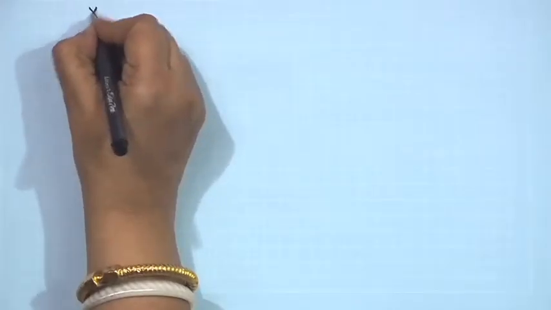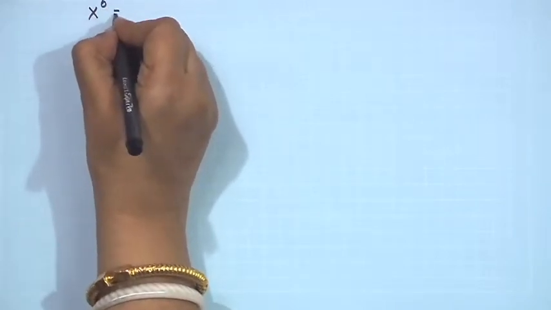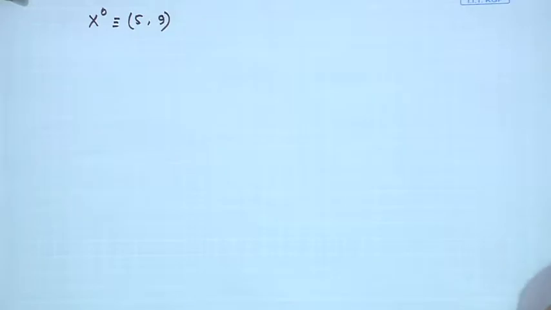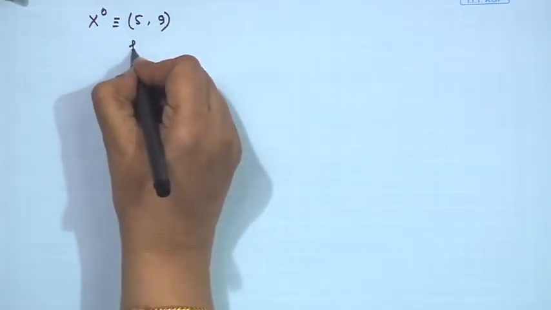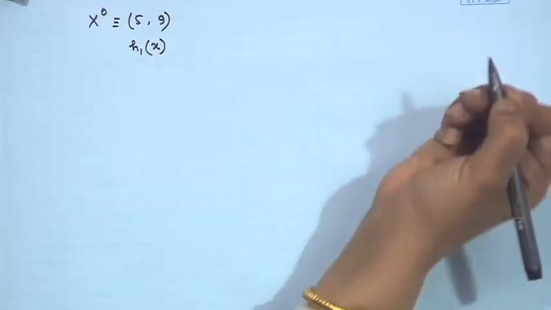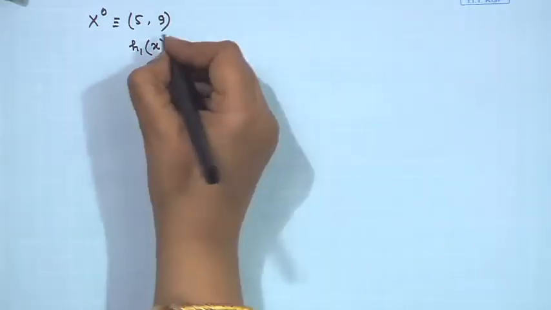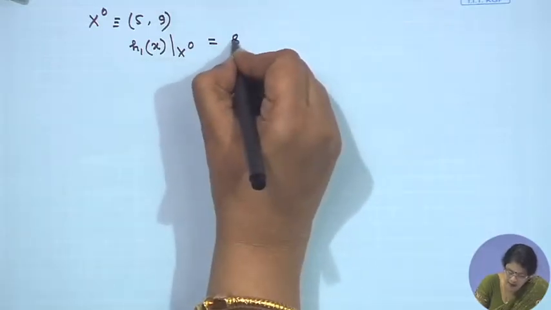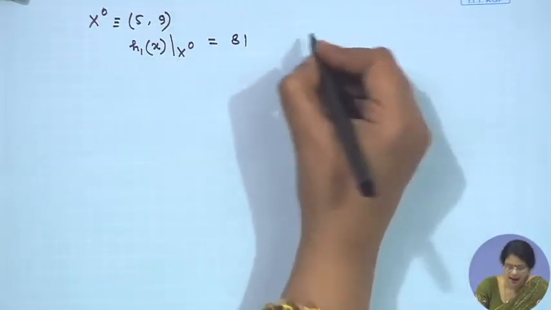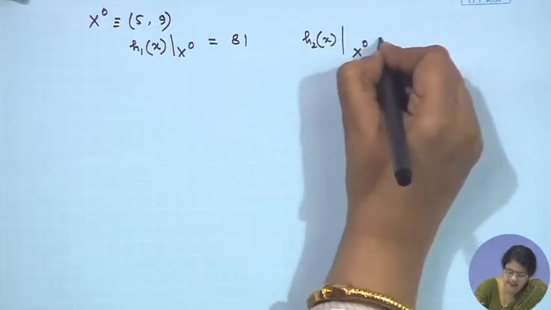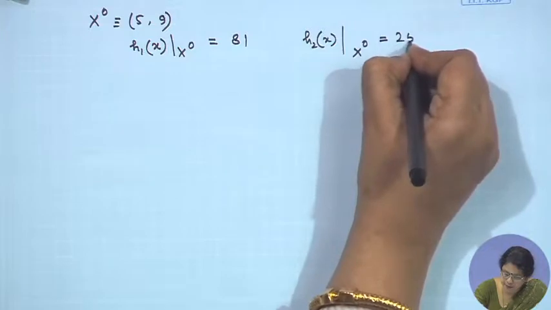We will consider x0 equal to 5, 9, and we will first see what h1(x) is at this point. h1(x) at x0 will have the value 81, and h2(x) at x0 is 25.